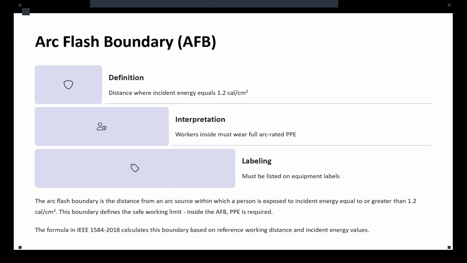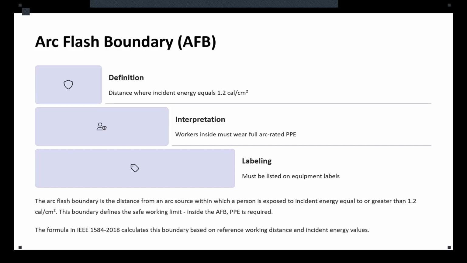Now, based on that incident energy, which is a critical risk metric for arc flash, we can define the arc flash boundary, or as we call it, AFB. Incident energy tells us how much heat a worker might absorb, and the arc flash boundary tells us how far away a worker must stand so we can avoid serious injuries.